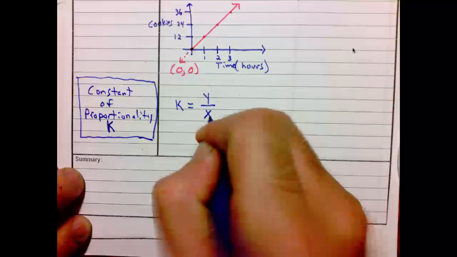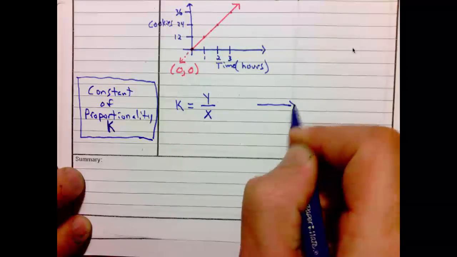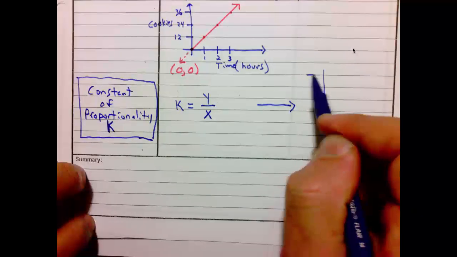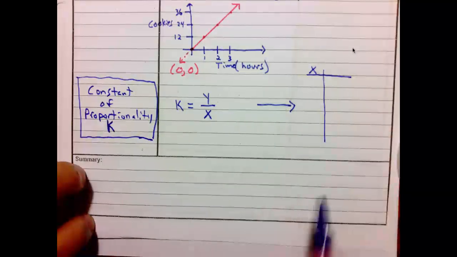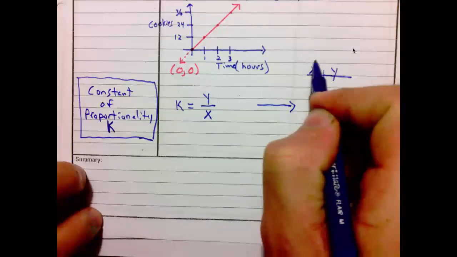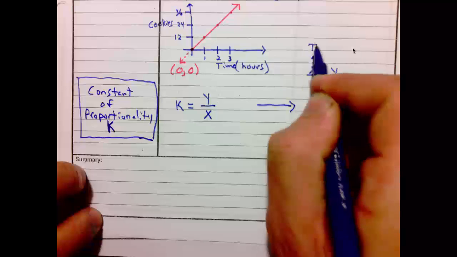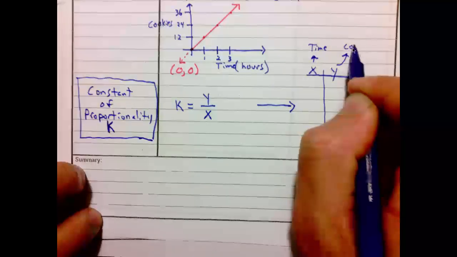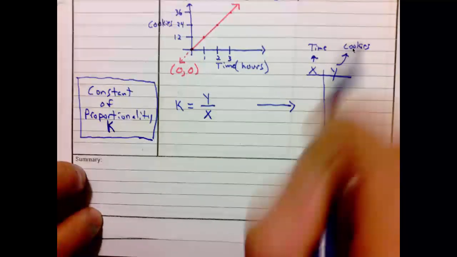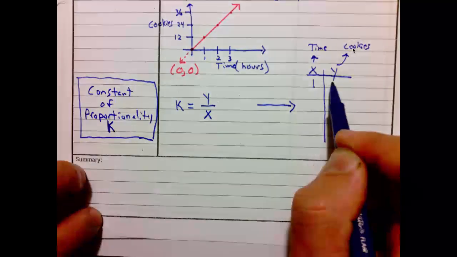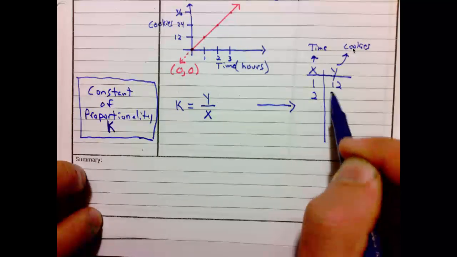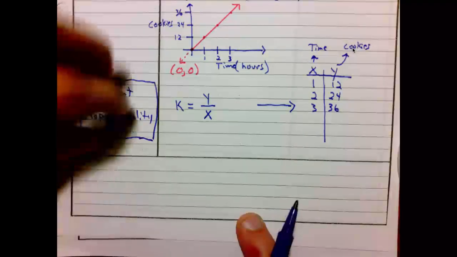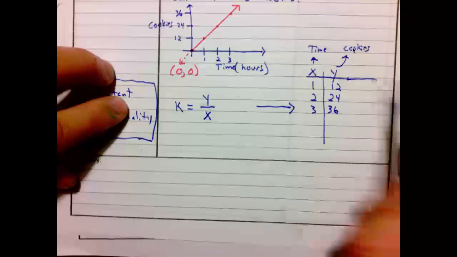And let's look at that with regards to our grandma cookie scenario here. Again, our x variable is time, measured in hours, and our y variable is cookies. So we know in 1 hour, Grandma was baking 12 cookies, 2 hours, 24, 3 hours, 36, and so on. Well, let's examine what this value K is going to be.